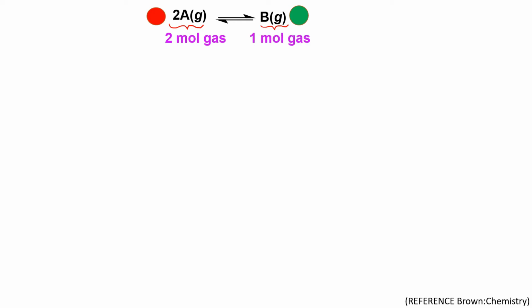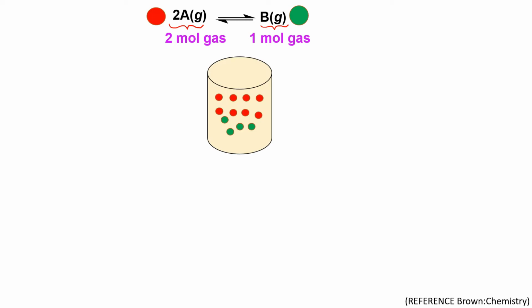This is at equilibrium, so you can find 8 of A, and the green one, B, is 4.